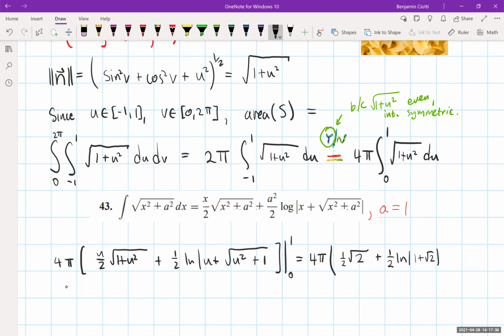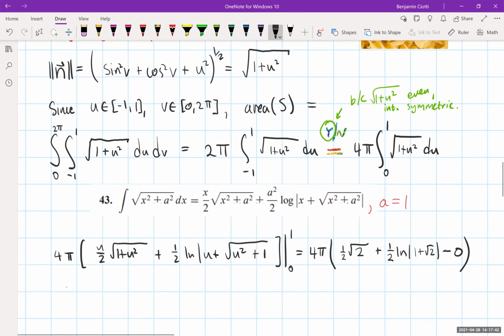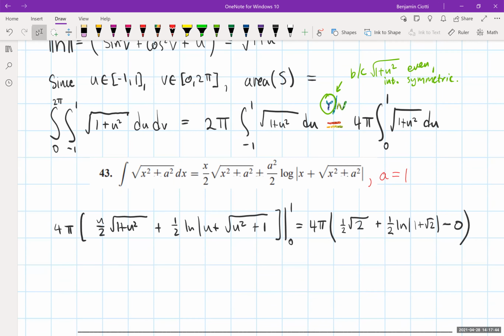And when you plug in 0, you get 0. I'll just say minus 0. So my final answer is 2π times root 2 plus ln(1 plus root 2).